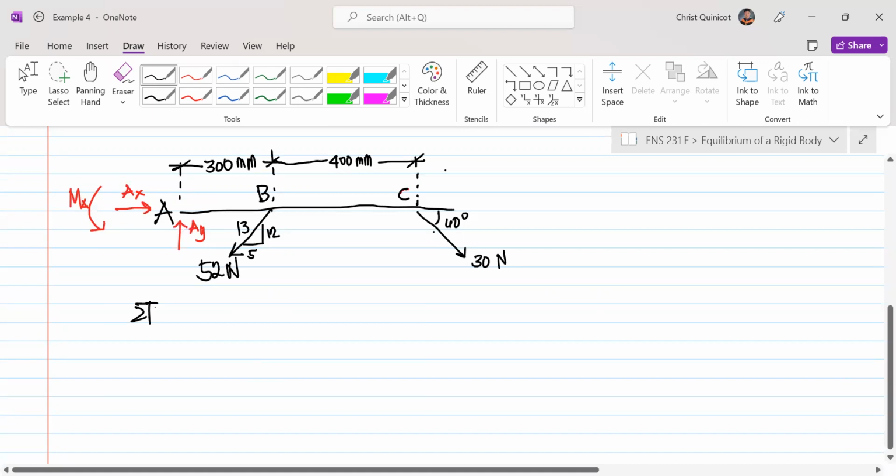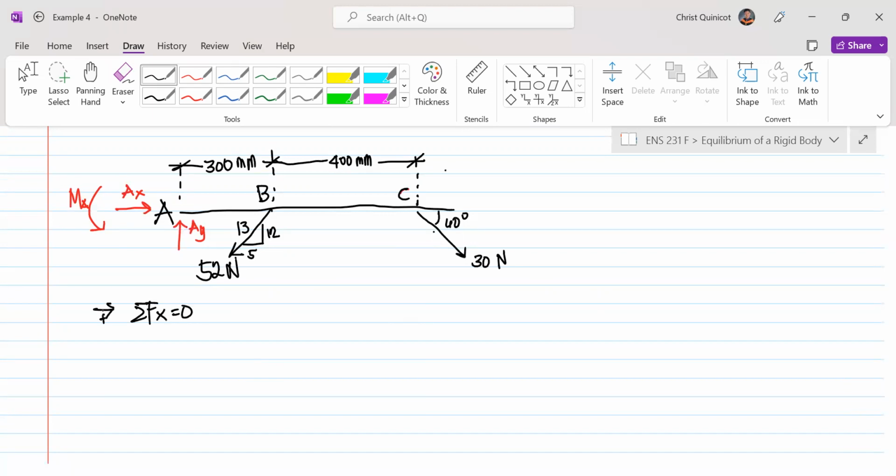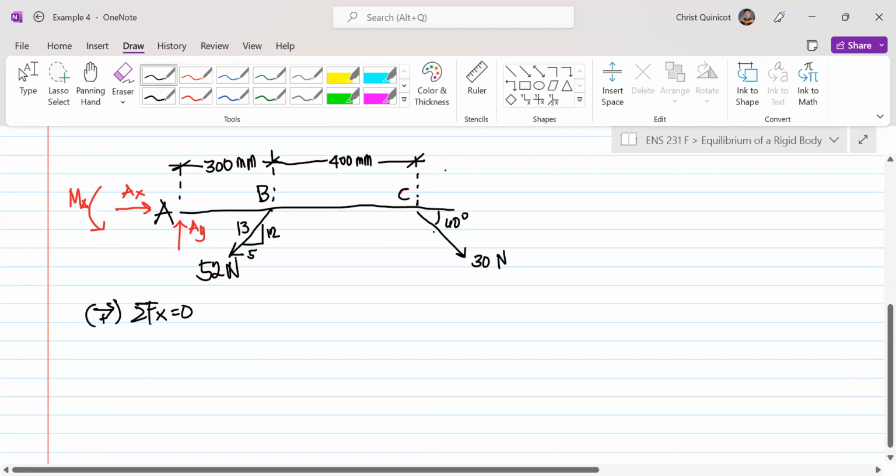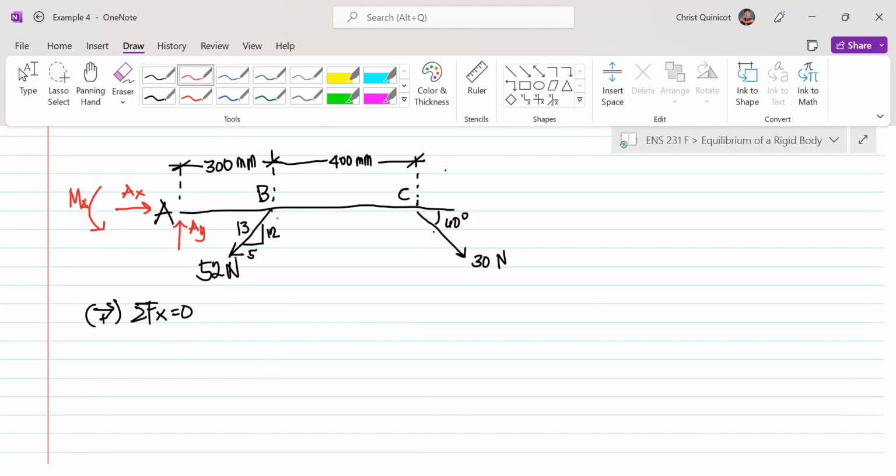We first use summation of forces in x equal to 0, assuming to the right positive. So that is A sub x. Let me rewrite this one. We have going down B sub y, and to the left B sub x, and going down C sub y, and going to the right C sub x.